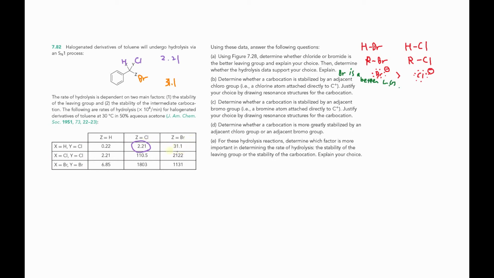Therefore, this supports our claim that Br is a better leaving group. Okay, faster, so more stabilized to have Br as a leaving group. Okay, that answers our part A.